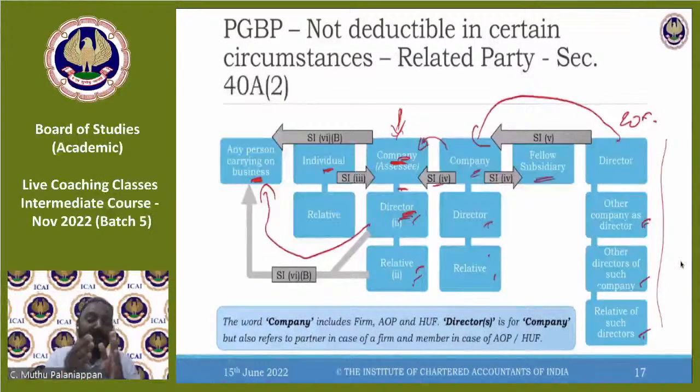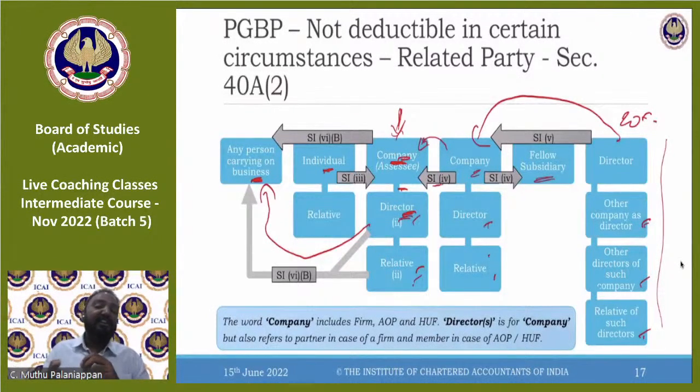So once you know they are related party, in case there is any expenditure which is excessive or unreasonable, that portion will be disallowed. So for exam purposes, to make you feel better, from an examination point of view, you will not be tested on whether they are related party or not. You will be tested only on the adjustment to that related party transaction.